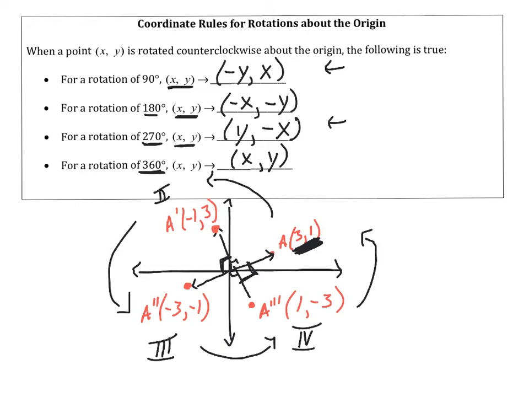It's going to be in the same exact location. So these are the rules that are going to help me out throughout this entire section, because all the rotations we perform on the coordinate plane are going to be in increments of 90: 90, 180, 270, or 360.